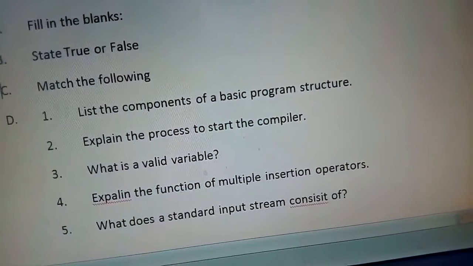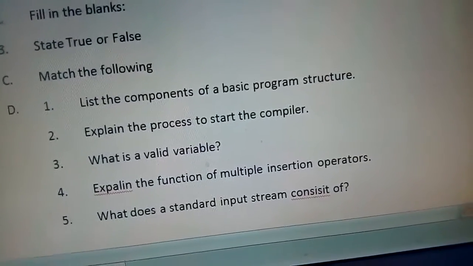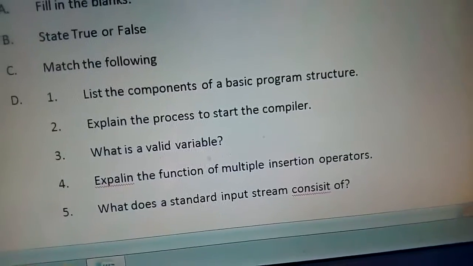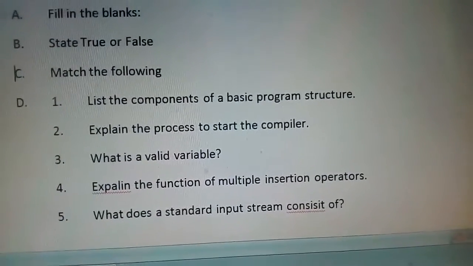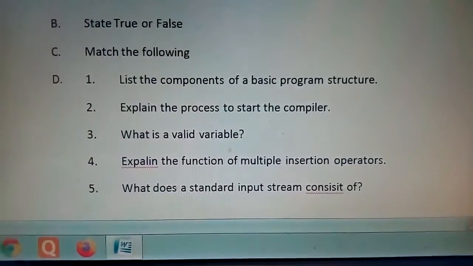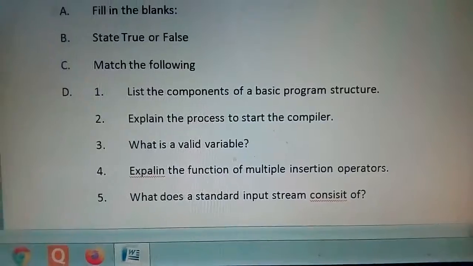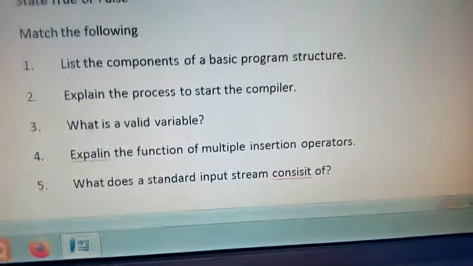In the first page of this chapter, there you can see the basic structure of a program, like comment, then preprocessor directive, hash include. That thing you have to draw. Okay, in the book I am showing you.